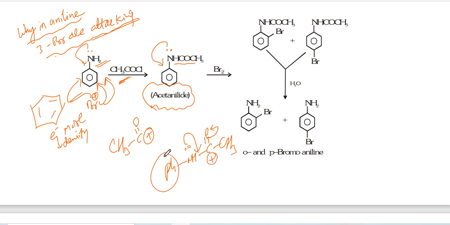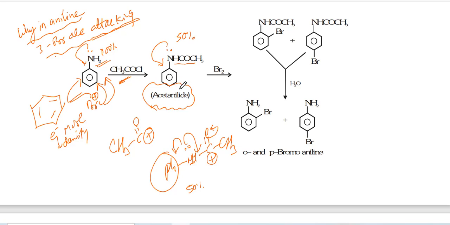The benzene ring is also there, so it can give to the benzene ring too. So it is 50-50%. The nitrogen is donating electron density to benzene only 50%. In aniline it is 100%, but here only 50%.